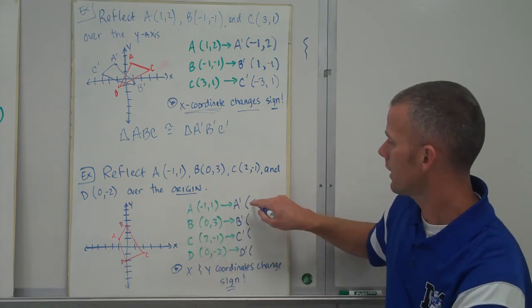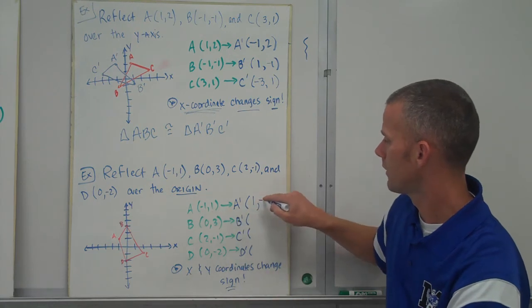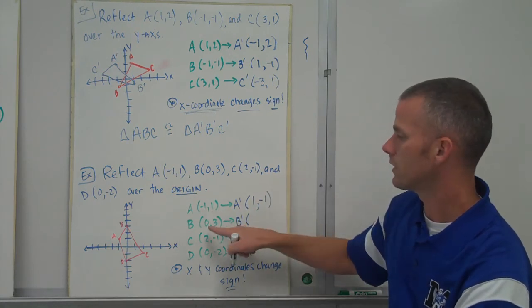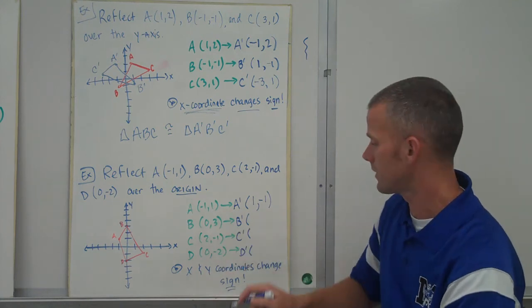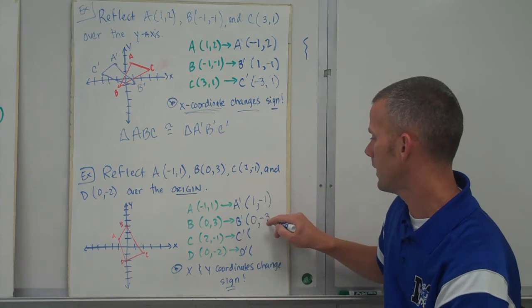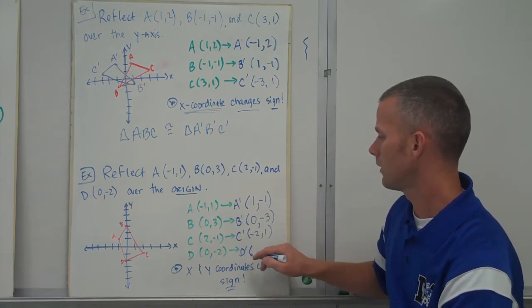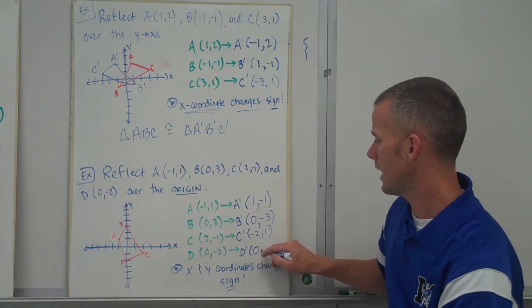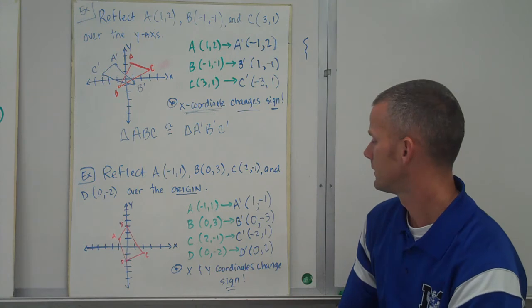My x coordinate was negative, now it's a positive. Y coordinate was positive, now it's a negative. 0. If you have 0, you can't really change the sign on 0, it stays the same. 3 becomes a -3. We got -2 and +1. Again, 0 stays the same. -2 here becomes +2.